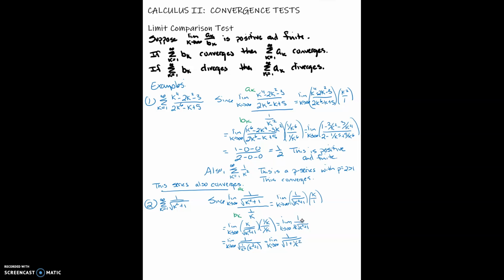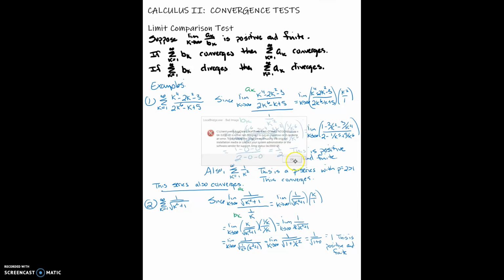Now, as k gets really large, 1 over k squared goes to 0. So I think we're ready to evaluate this limit. That gives us 1 over the square root of 1 plus 0, which we can see is simply 1. Notice that this is both positive and finite. That's exactly what we want.